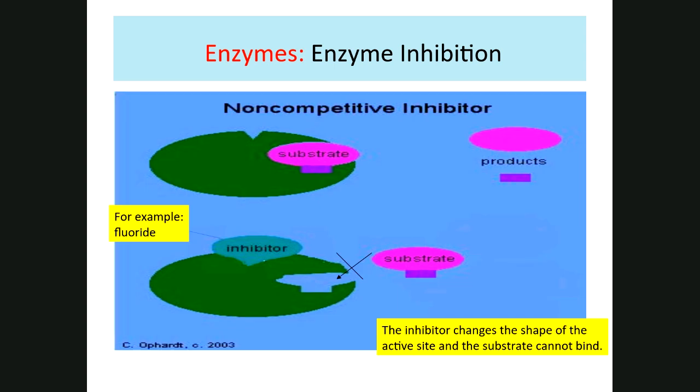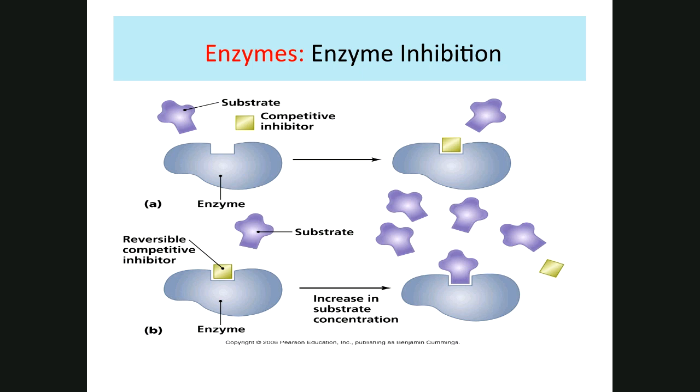So this is a non-competitive inhibitor like fluoride, binding to the enzyme. The binding of the inhibitor onto the enzyme changes the shape of the active site, and now the substrate cannot fit in and the enzyme cannot work. So fluoride does that. A competitive inhibitor is one that looks a little bit like the substrate.